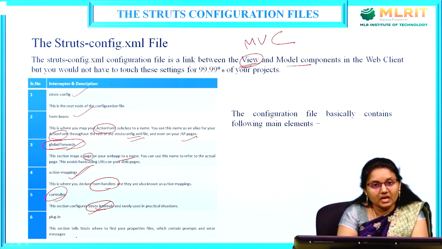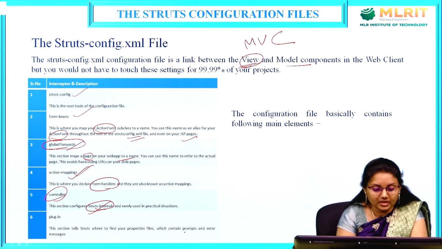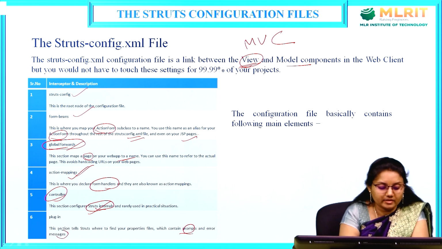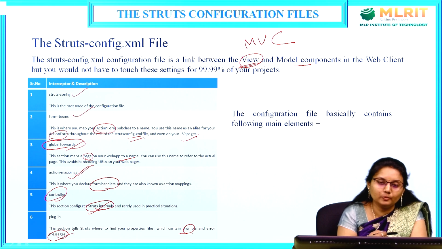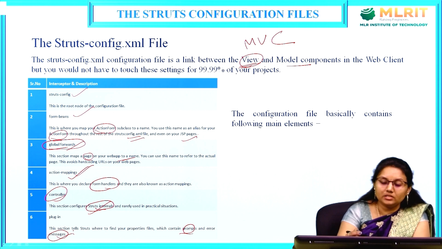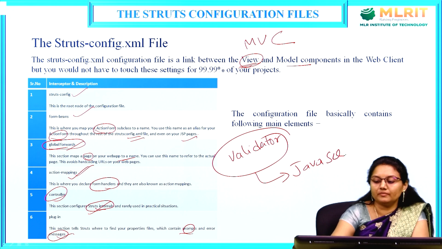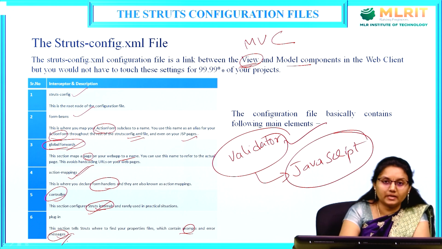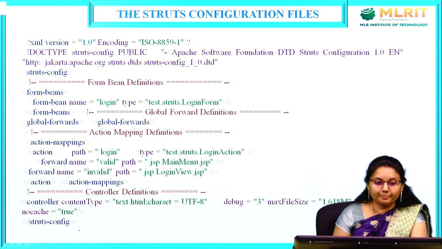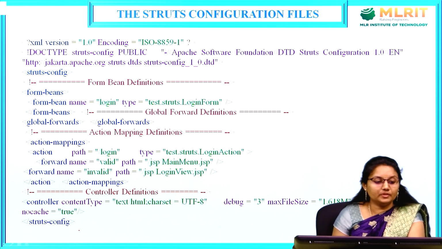Plugin means any other properties which contain prompts and error messages. If you want to give other plugins, like in the previous session I told you validator is a plugin. What will validator do? It will just use JavaScript for doing the validation. So such things can be done using this plugin.